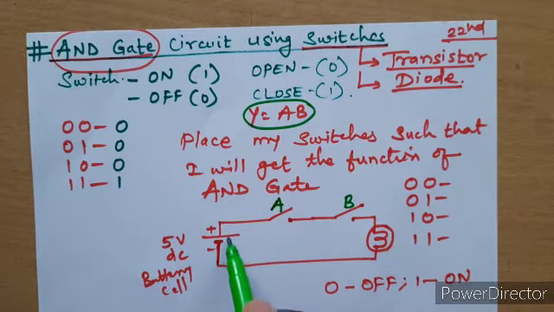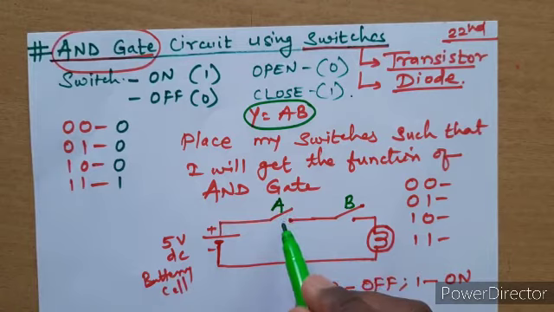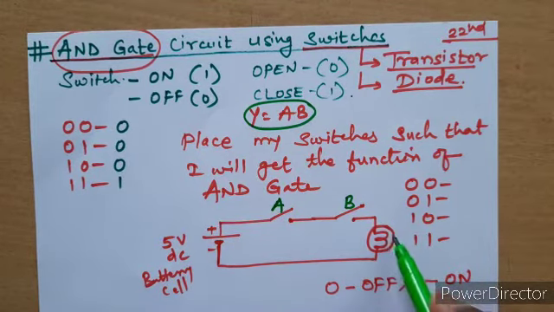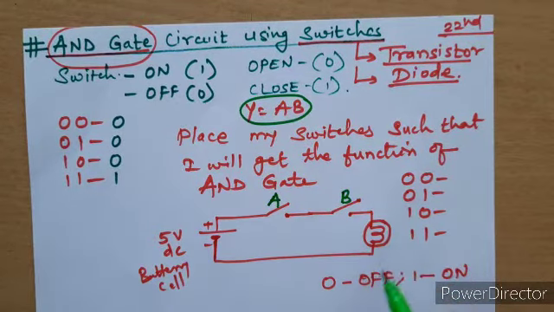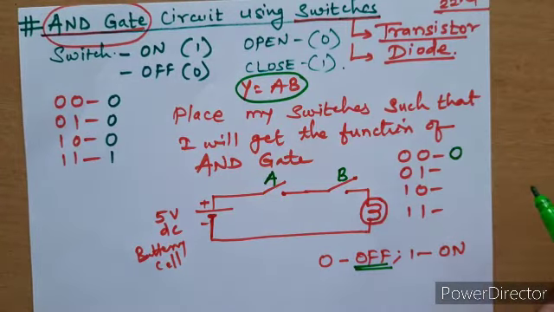Now will the current from this battery flow to this side? No, because here we have an open circuit. So current will not flow and this LED will not glow. This LED is off, hence the output is 0 or off.